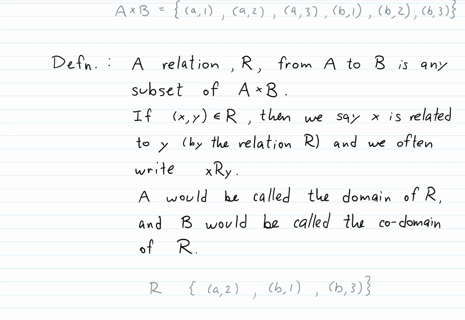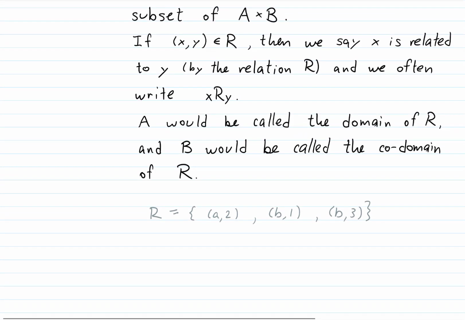Let's call that R. You agree that that is a subset of A cross B, right? Okay, so then R is called a relation from A to B. And we would say A is related to 2, and also B is related to 1, and B is related to 3. Okay?